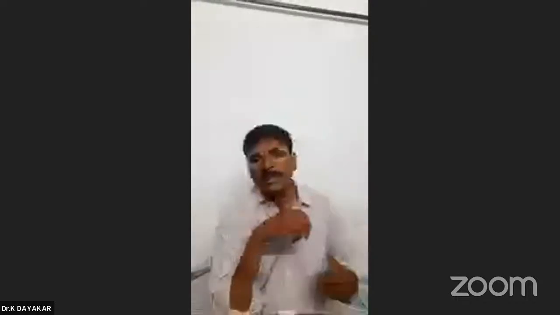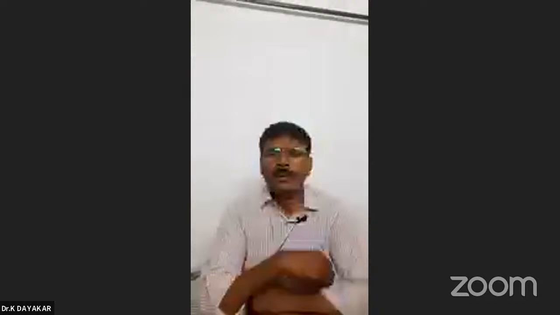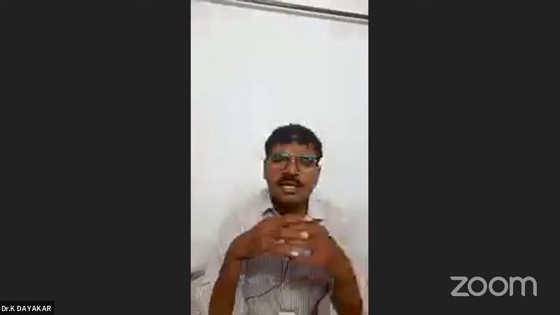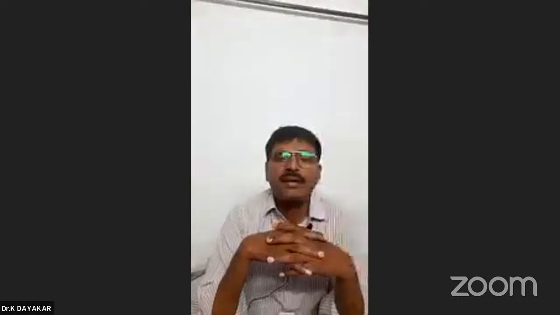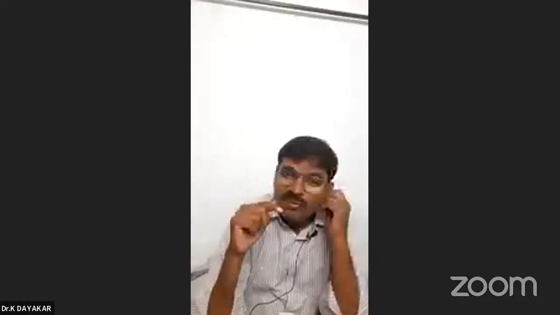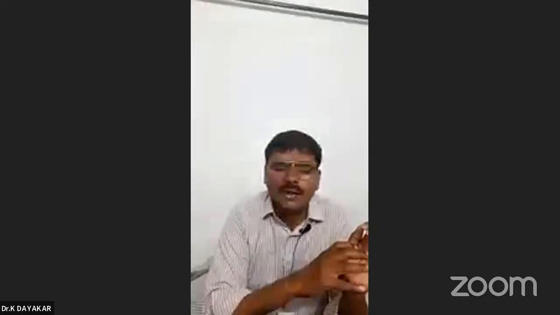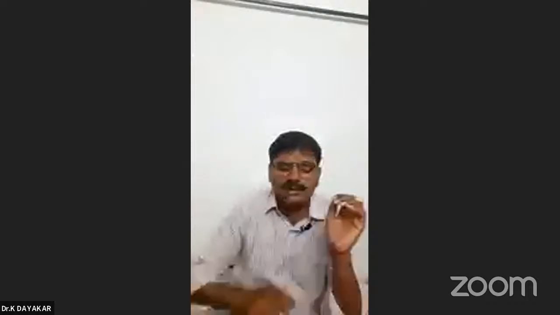You can assess whether there is any progress, whether they are aware of new letters or vocabulary, and whether they are recognizing the letters or not. So this is about the formal assessment.